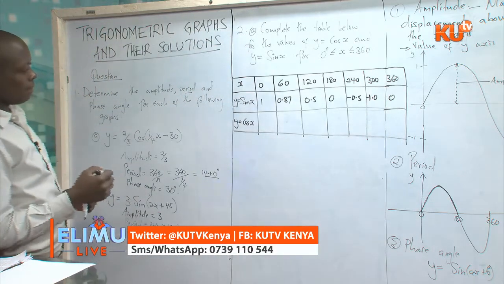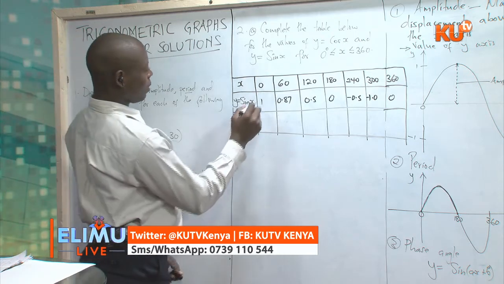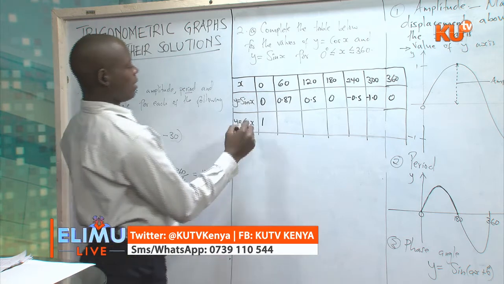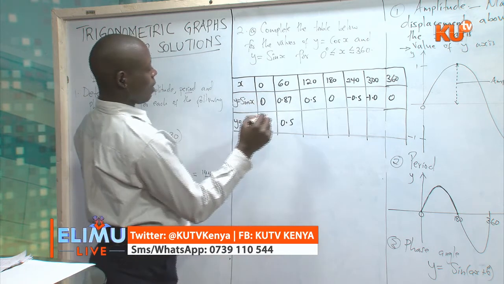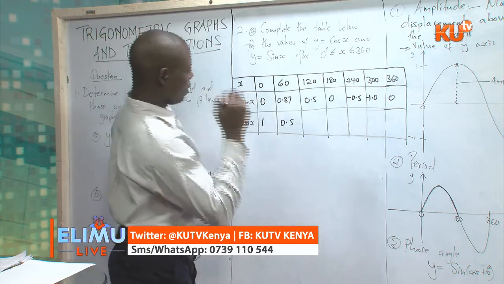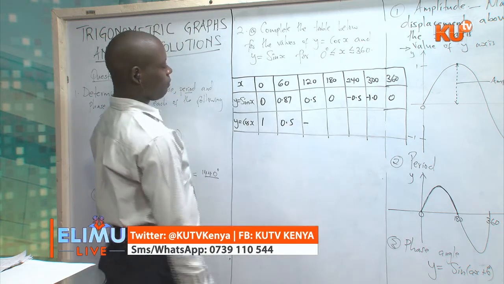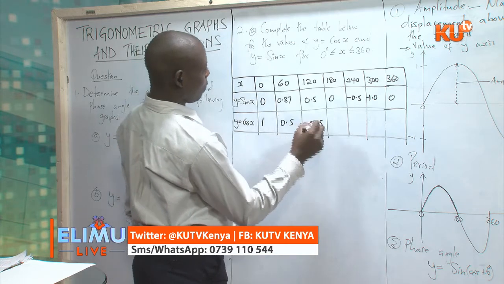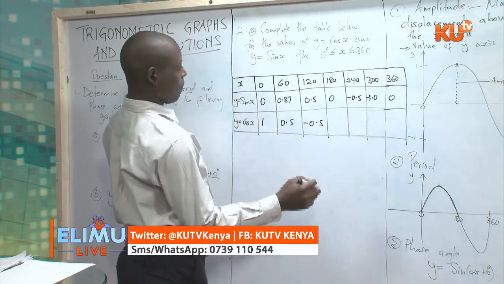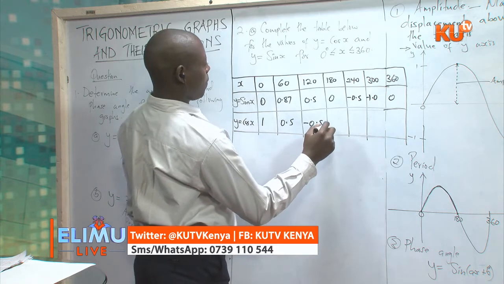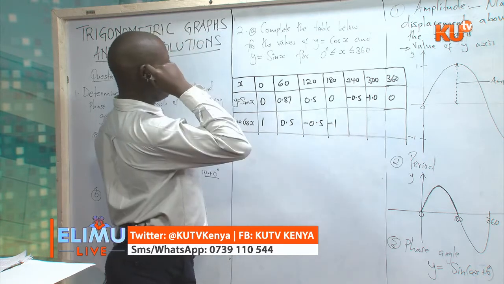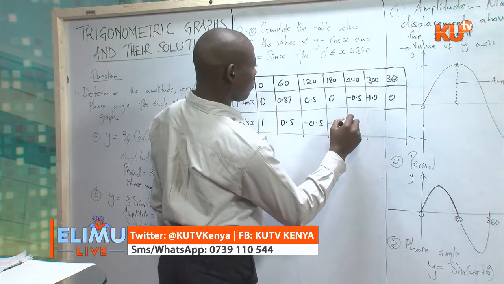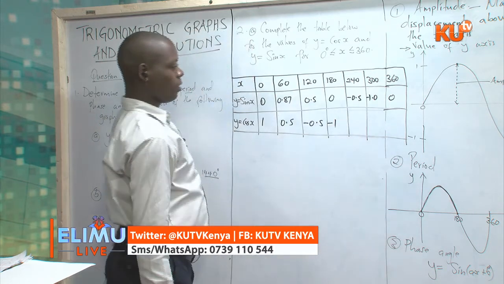Cos x, cos 0, this is 1. And then cos 60, 0.5. Cos 120, negative 0.5. Cos 180, negative 1. Cos 240, negative 0.5.